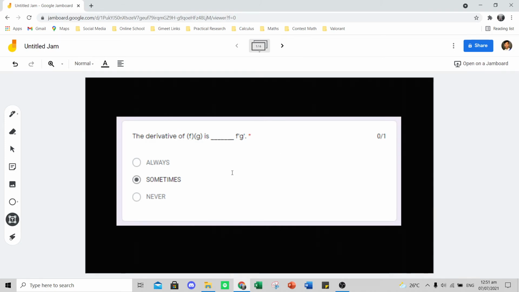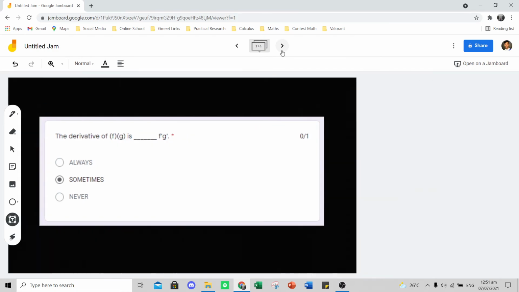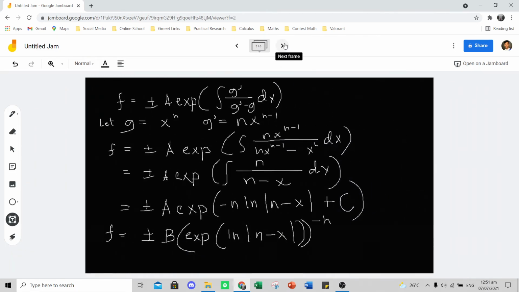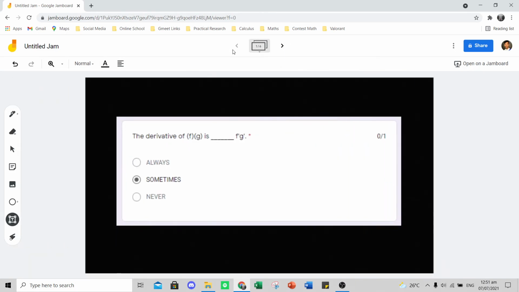If this is the only indication in the problem, then the answer would be sometimes. It's not going to be never, because I clearly show you that there exist solutions for this.